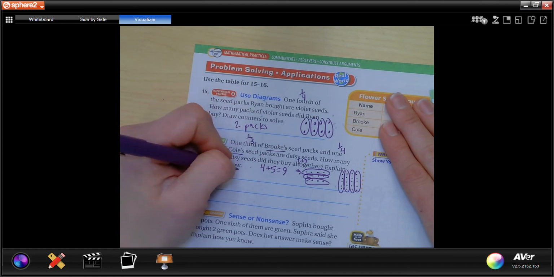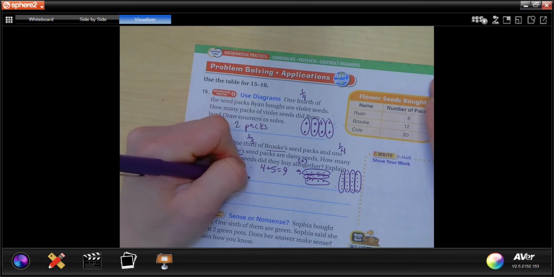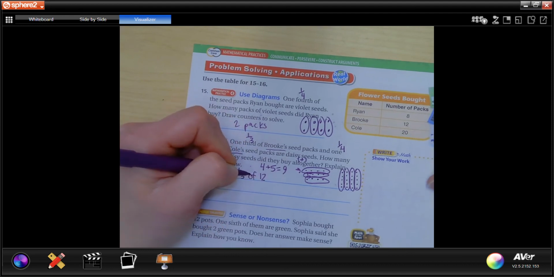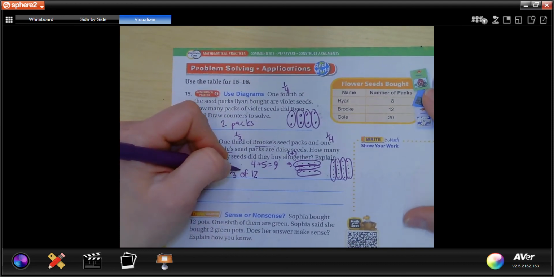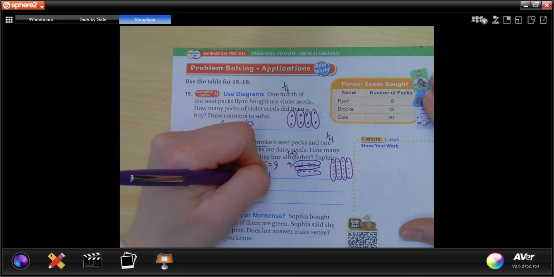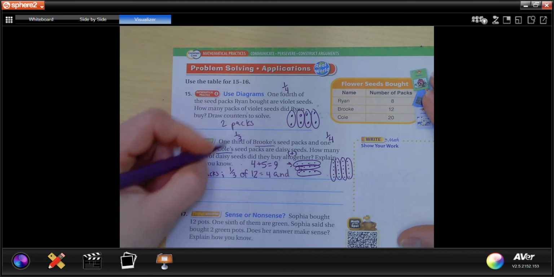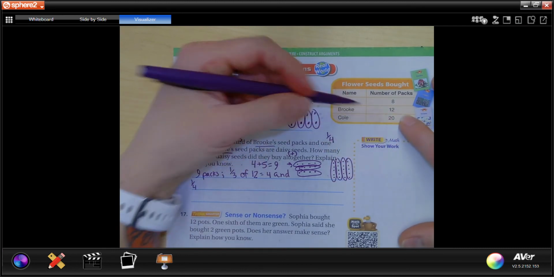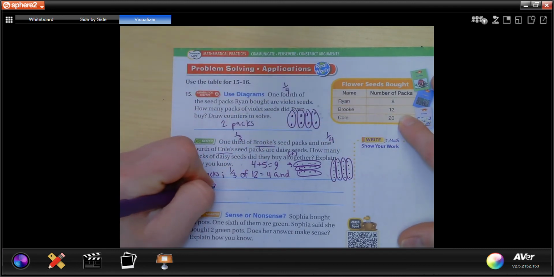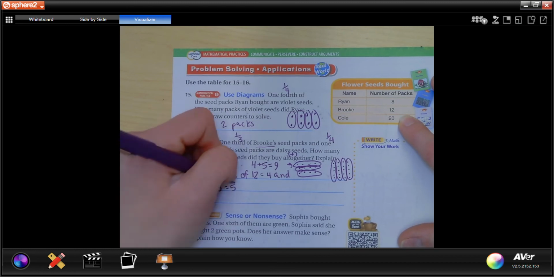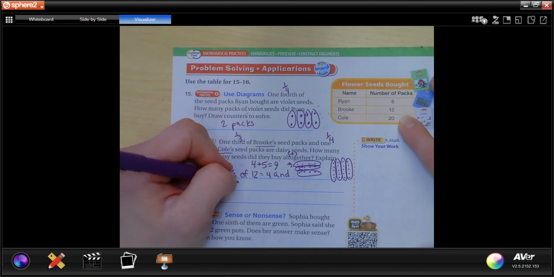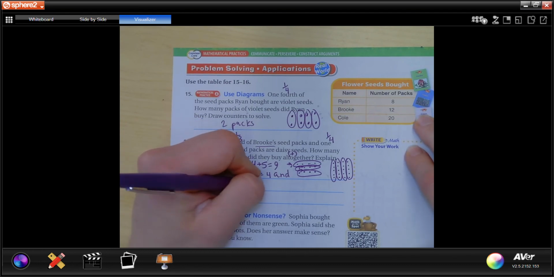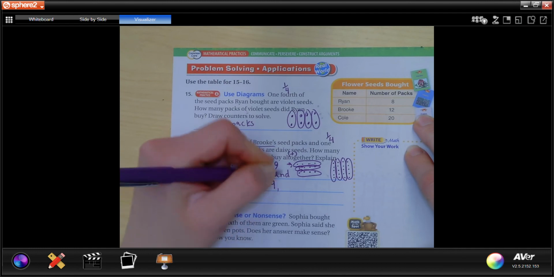We know this because 1/3 of what? 12 equals 4. And 1/4 of what? 20 equals 5. 4 plus 5 equals 9.